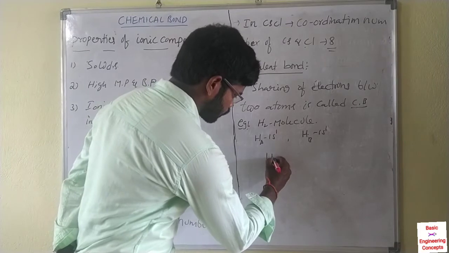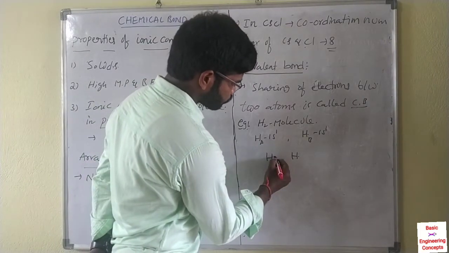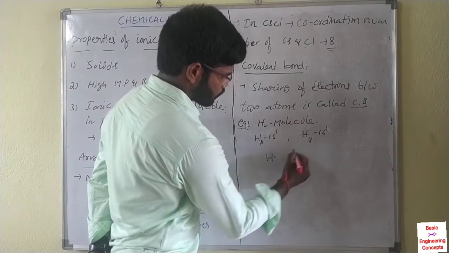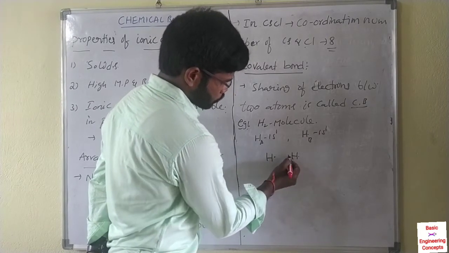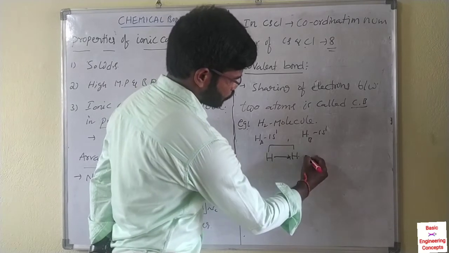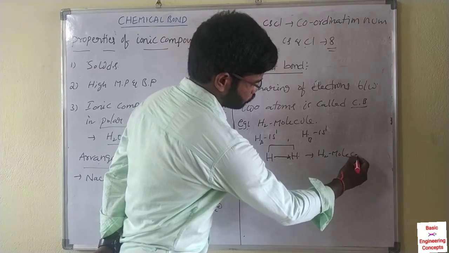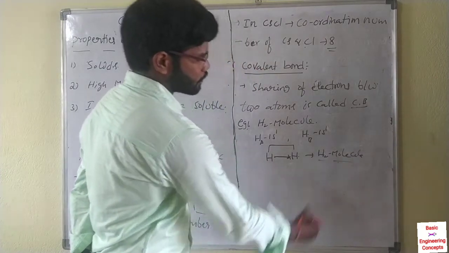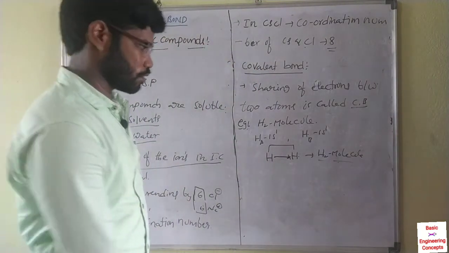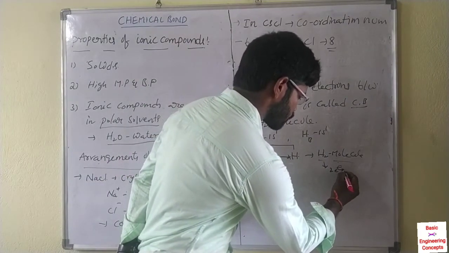So each hydrogen has only one electron. Sharing of electrons between two atoms is the formation of the H2 molecule. Due to this, it has a stable electronic configuration, with two electrons.